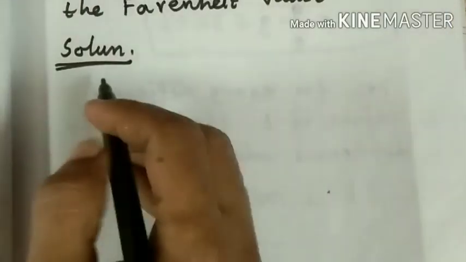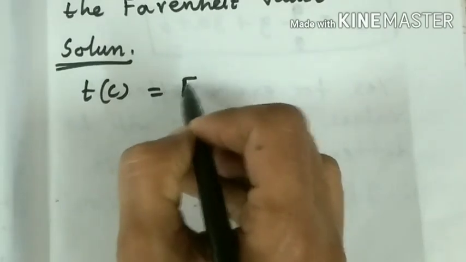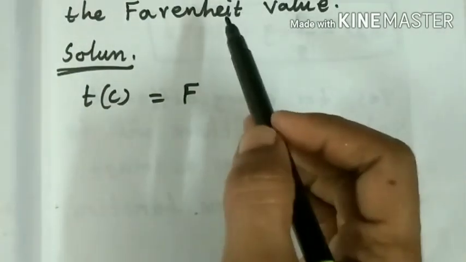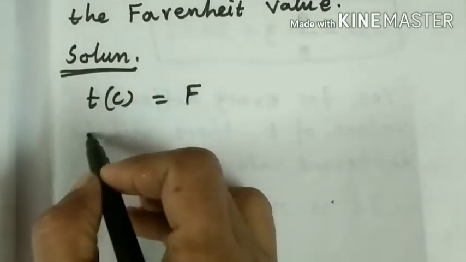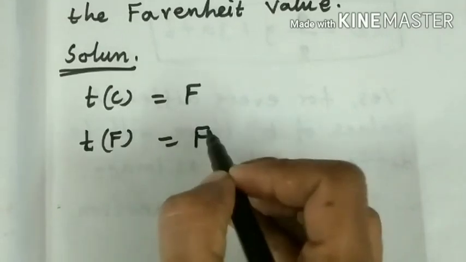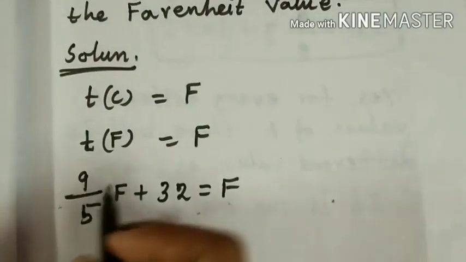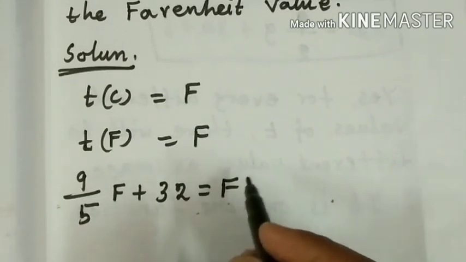First you take down and write the given function T of C equal to F. In this we have to find the equal value. Therefore, you write T of F equal to Fahrenheit. Then the formula is 9 by 5 F plus 32 equal to F.